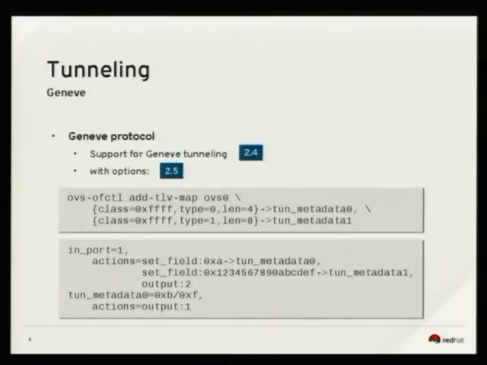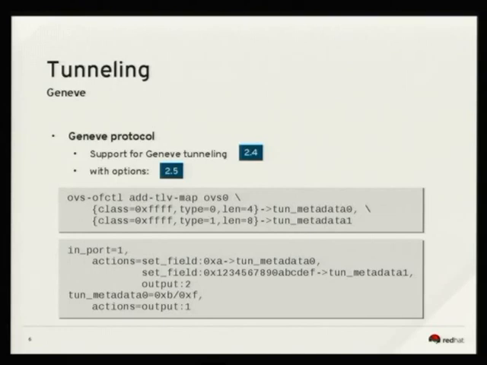So I spoke about Geneve. I think the correct pronunciation is Geneve. It stands for generic networking something. I didn't write it down, so I don't remember. So the Geneve protocol is a protocol that's kind of specific to OVS currently.